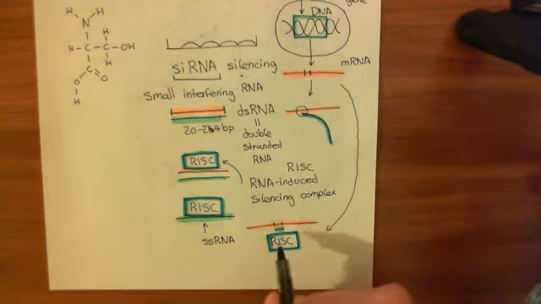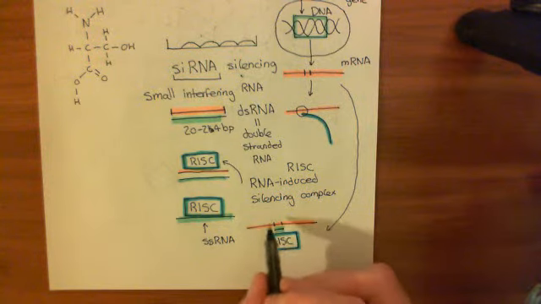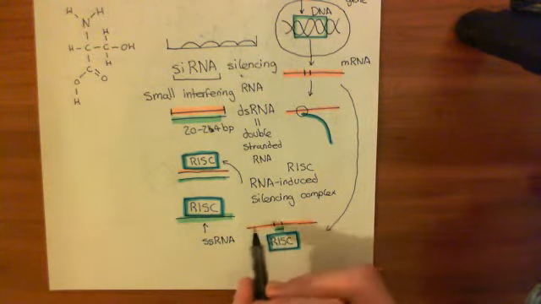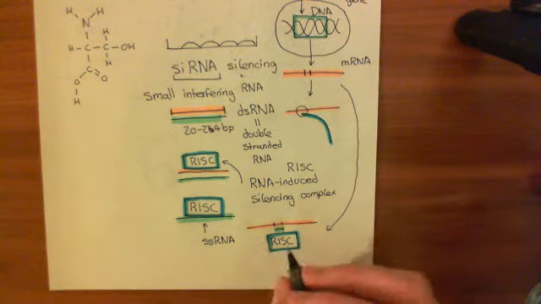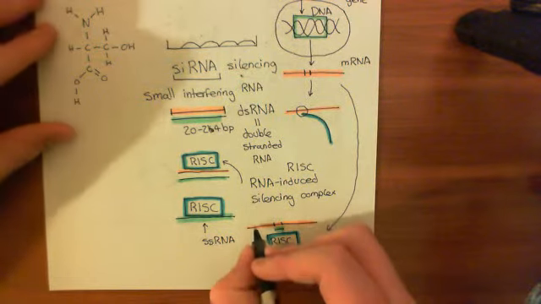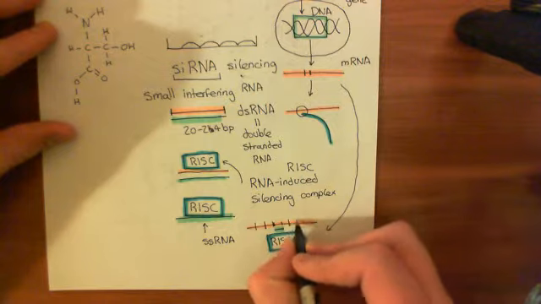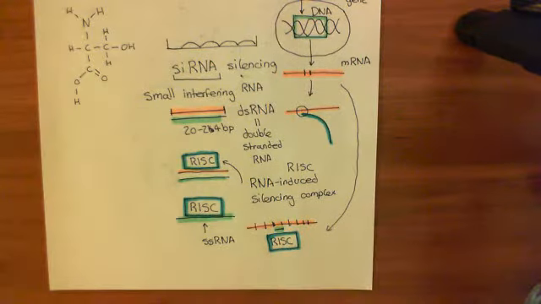Now the RISC is going to break up this PKAM1 mRNA into loads of different pieces, and that's going to completely destroy the PKAM1 mRNA. So is that mRNA going to be translated and turned into a protein?